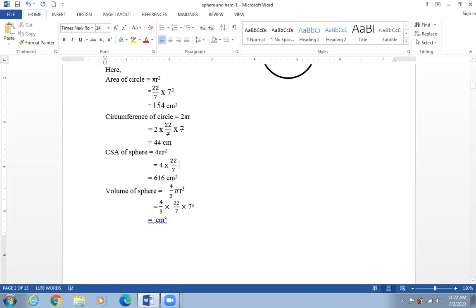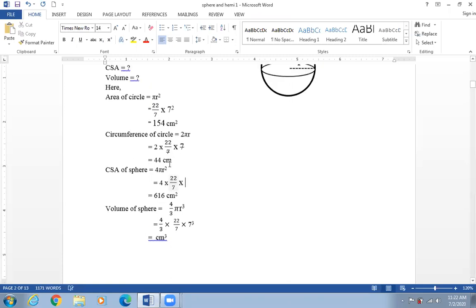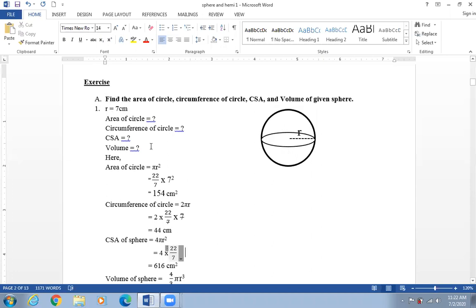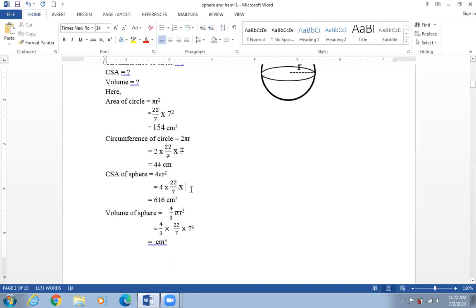So 22 by 7 into, what is the value of radius? Radius is 7, so let us use radius as 7 square. So 4 means 4, pi means 22 by 7, radius is 7. So r square means 7 square. And you get the answer.